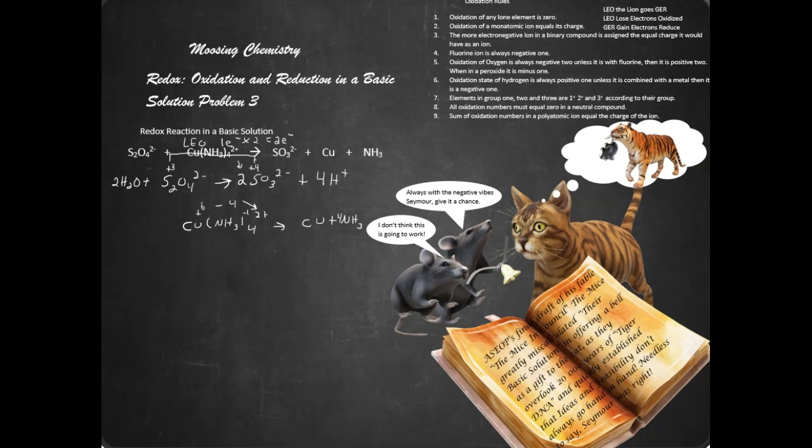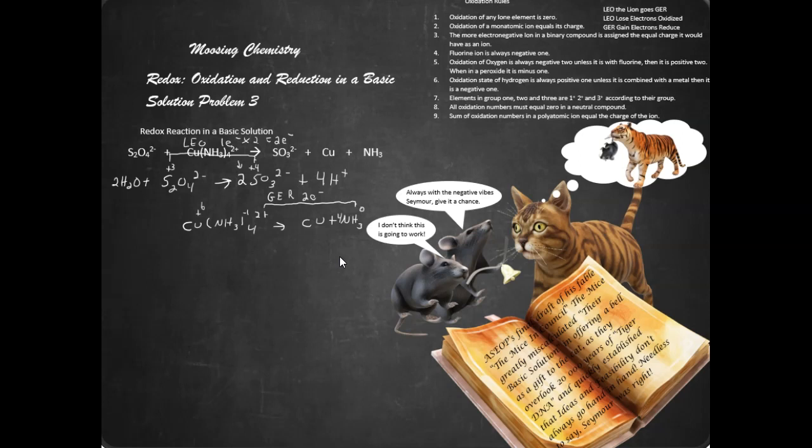But we're looking at our NH3s. Let's see here. So our NH3s here are 0, right? So we're going to have to gain 2 electrons here. Gain electrons, reduce. All right, so that takes care of that.